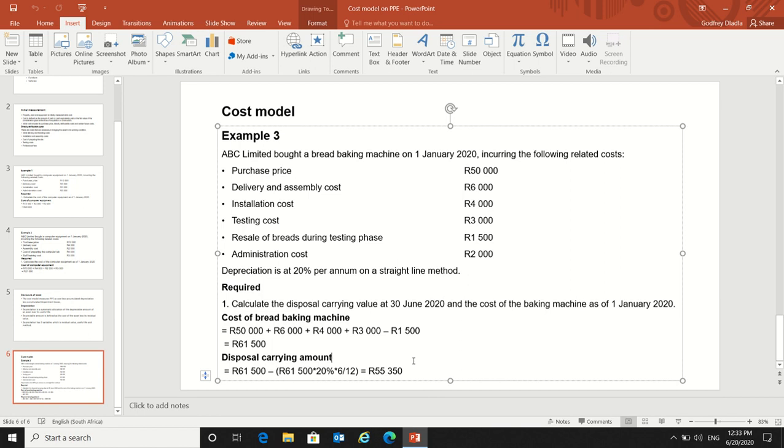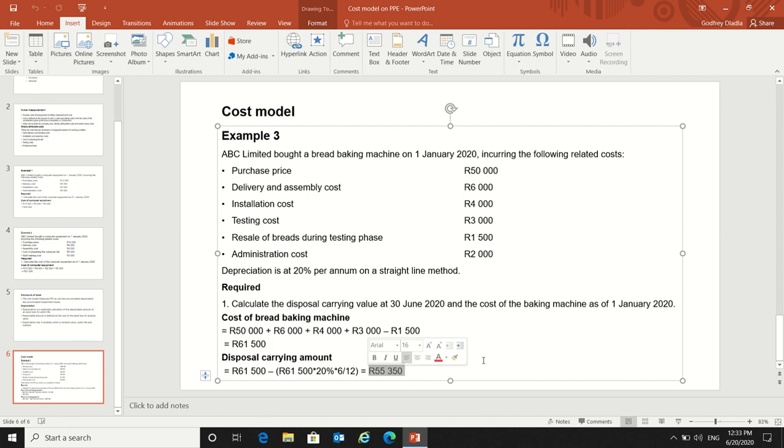But if an asset was bought on 1 January, like this one, and sold by 30 June, you must depreciate it. Now, the 61,500 is the cost price. It was depreciated for 6 months, isn't it? 61,500 minus the 6 months gives you 55,350. So in the PPE note, you are supposed to put minus 55,350 as your disposal amount.